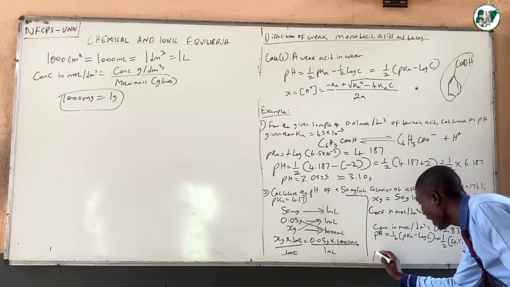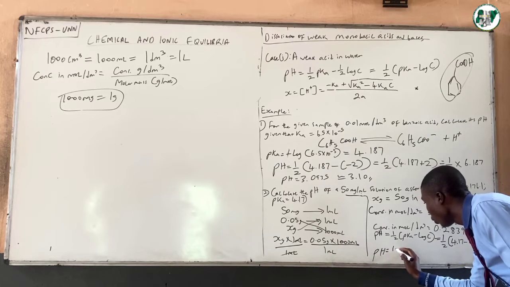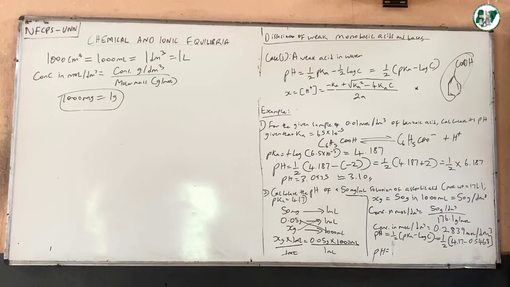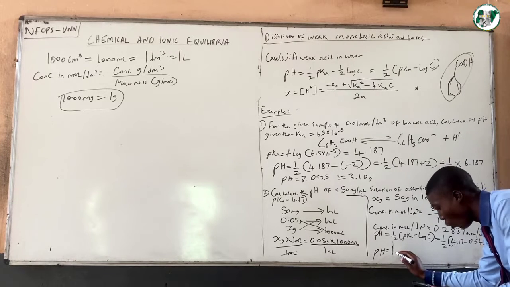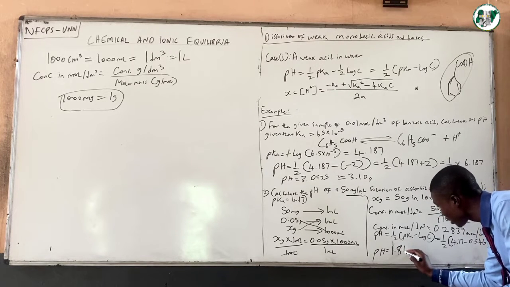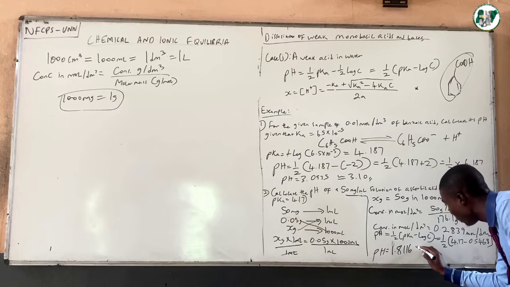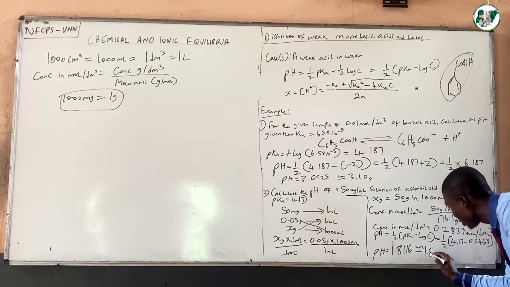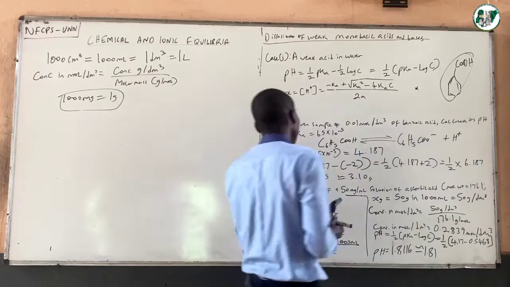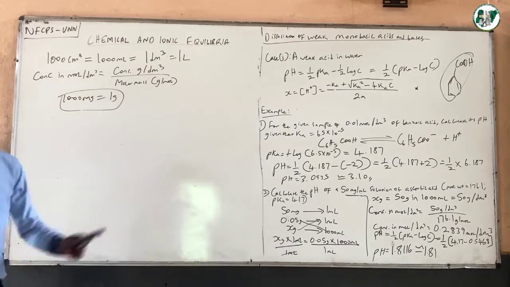I don't need to put the 1/2, please. You just solve along with me. We are having limited space here. 0.5468 divided by 2. So our pH is going to end up being 1.8116, which is approximately 1.81. So the pH of this particular solution is 1.81.